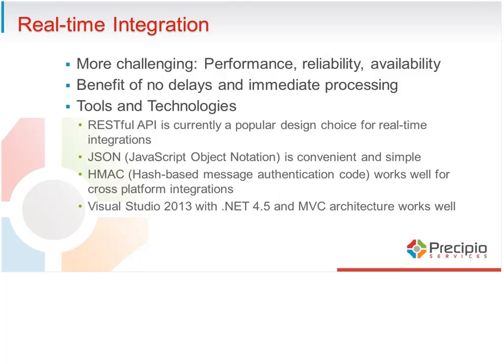A term you may have heard is a RESTful API. That's currently a very popular choice for doing these types of integrations via the web. And even Microsoft Dynamics is going to be supporting that in GP with their service-based architecture.